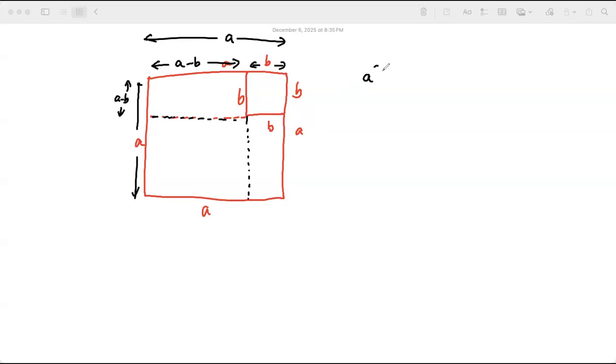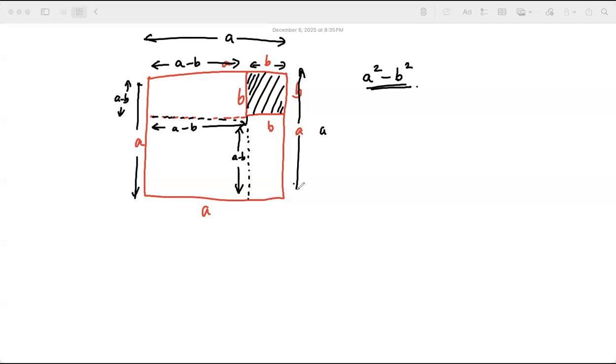So A square minus B square is what we want to find out, right? Because I'm going to cut the square out of the bigger square. Now, this is A minus B. This is as well A minus B when you think about it, right?